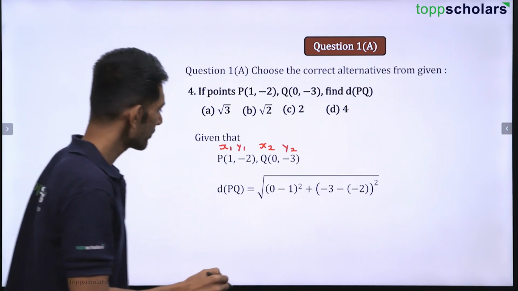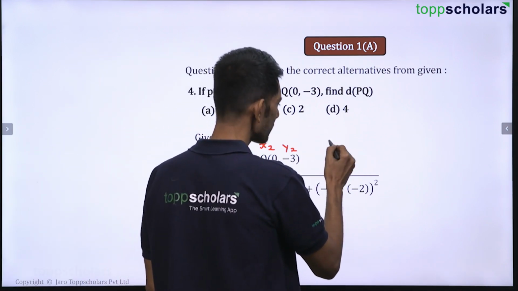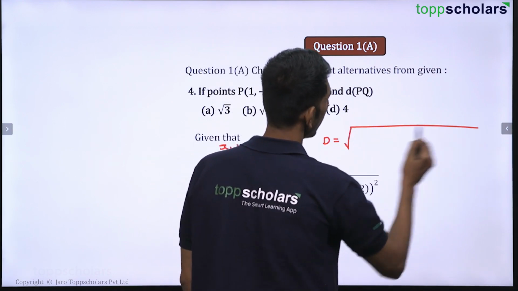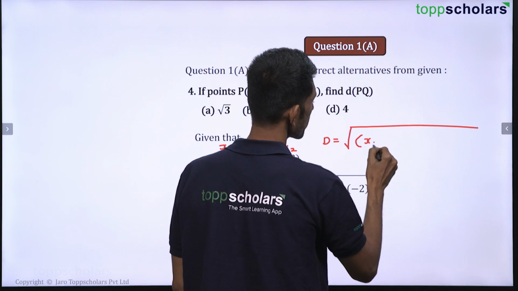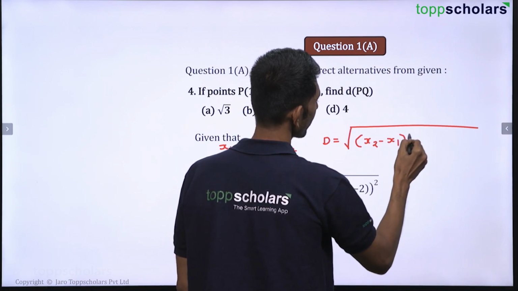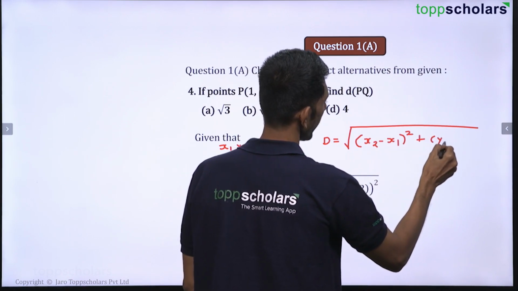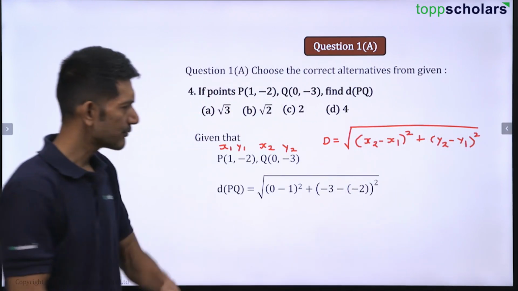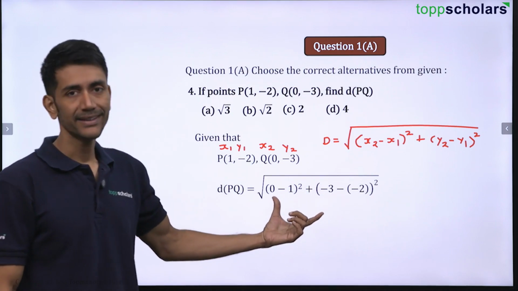So what will be distance PQ? Distance between any 2 points is given by under root (x2 minus x1) the whole square plus (y2 minus y1) the whole square. Obviously, I am just writing down the formula so that it does not appear directly to you.